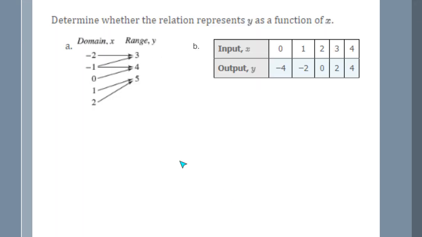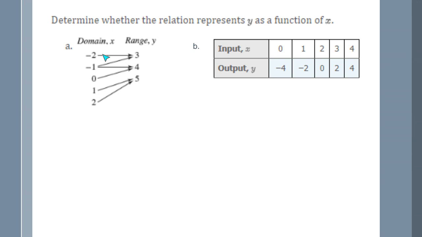What I like to tell my students is basically these are your domains, these are your range, and what you want to ask yourself is: the number -2, is it matched with exactly one number in the range? So does -2 go to only one thing on this side? And we can see here with the arrow that -2 goes only to 3.